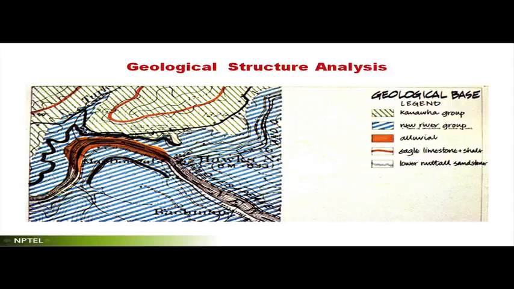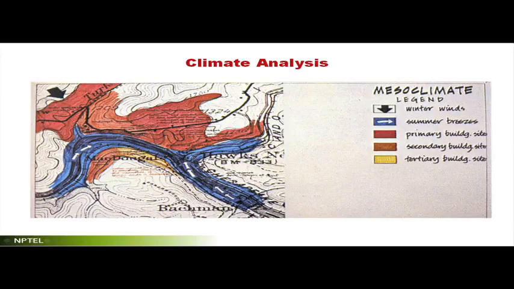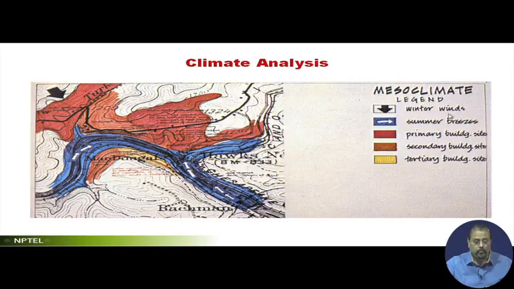Geological structure analysis is at the subsoil level, whatever strata you are trying to find out, and then at the topsoil level, which I will come to here. In the climate analysis, you are trying to find out the climatic factors affecting my particular site. Essentially, as listed over here, the winter winds, the summer breeze, and from which direction the summer breeze comes.